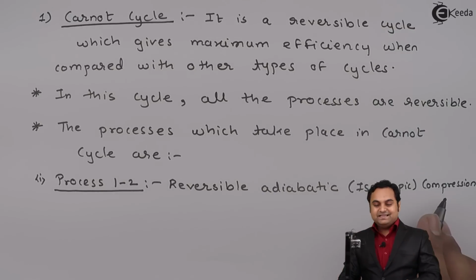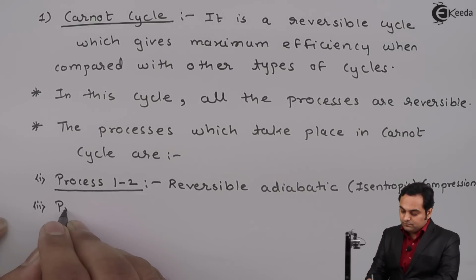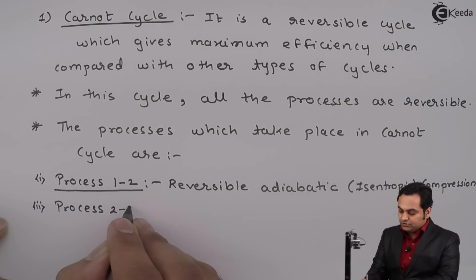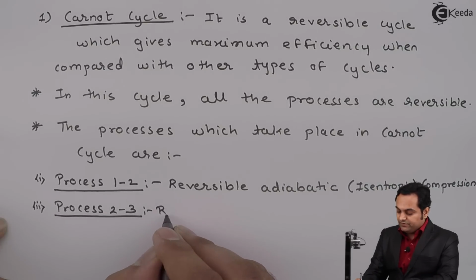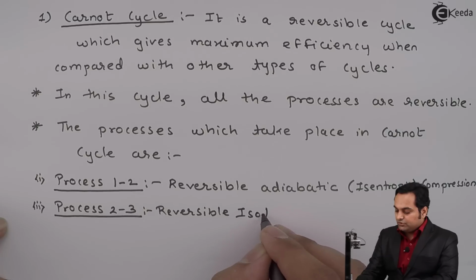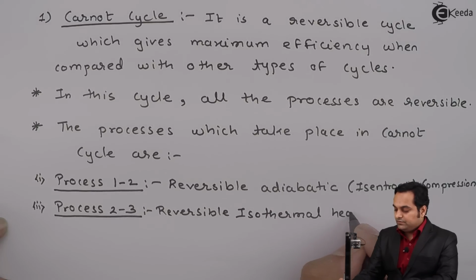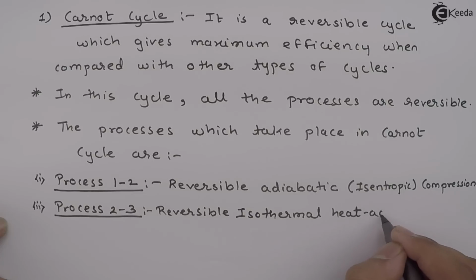The other name is isentropic compression. Second, process 2 to 3, it is reversible isothermal heat addition.